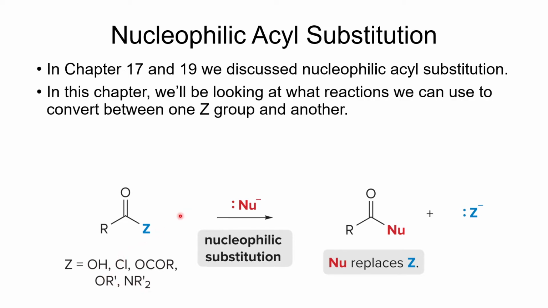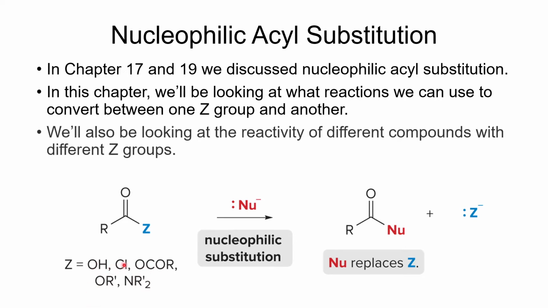So one of the things we're going to focus on in this chapter is looking at these different substituents and what that does to reactivity. And we're going to find that these are vastly different in how reactive they are. So some of these are going to be very reactive. For example, the chloride is very reactive. And some of these are going to be far less reactive. For example, the amides are much less reactive.